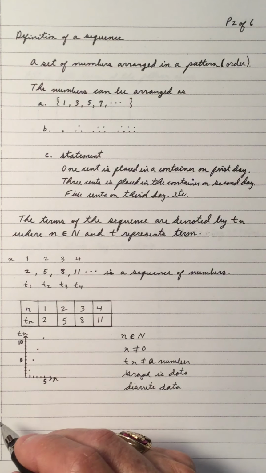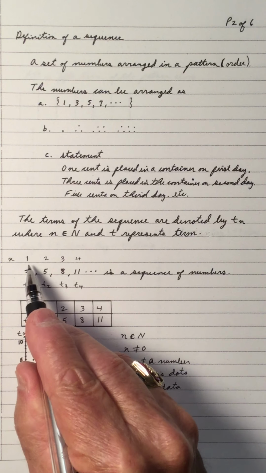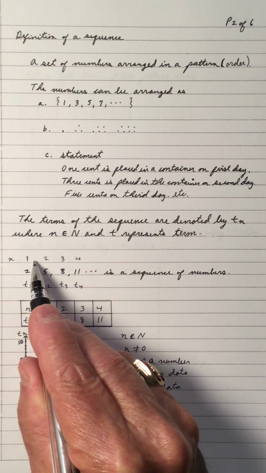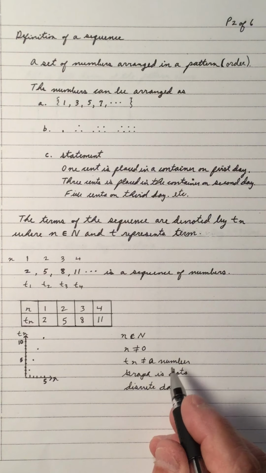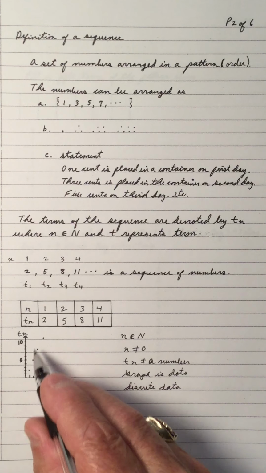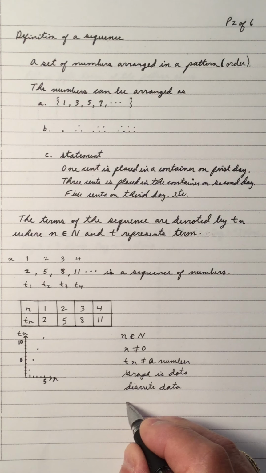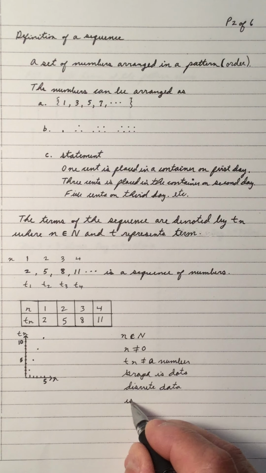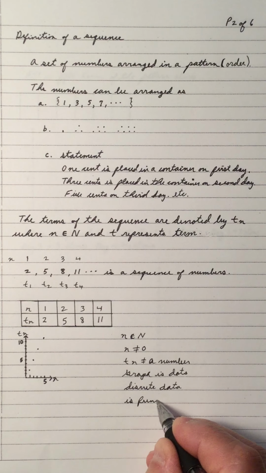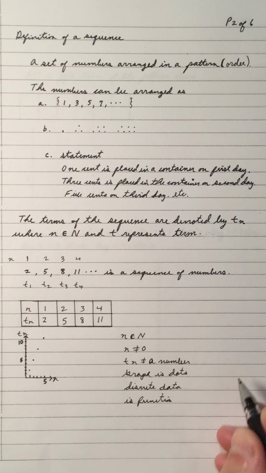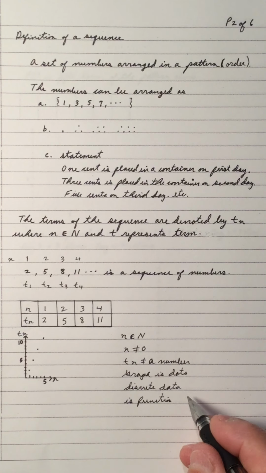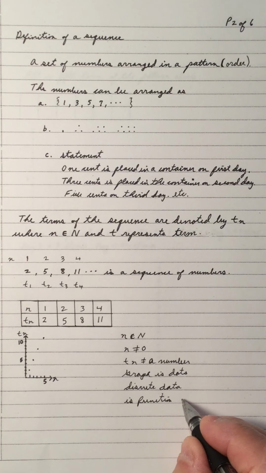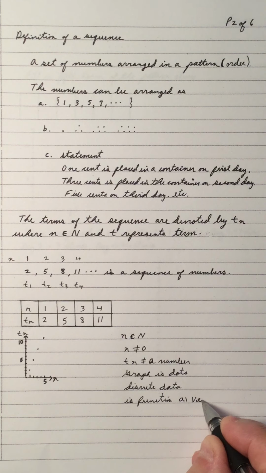You cannot join these because you only have the first term, second term, third term. There's no 1.5 terms. And also, if you want to, this sequence is a function. It is a function because it passes the vertical line test.